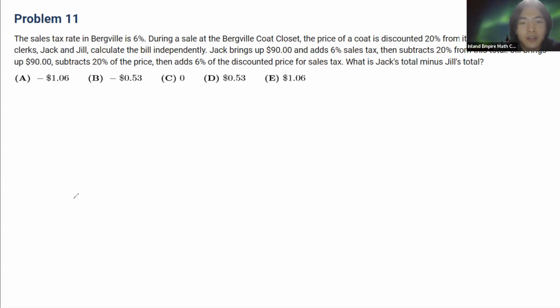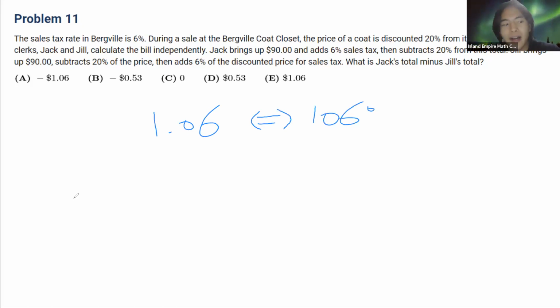Because say that you add a 6% sales tax, then what you're really doing is multiplying by 1.06, because 1.06 is equivalent to 106%. So if you multiply the original sales price by 1.06, you're multiplying it by 106%, which means that you're adding a 6% sales tax, because you're paying 6% more.